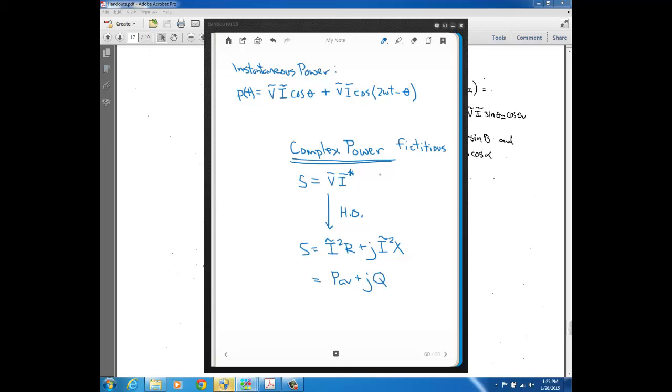So you see, the reason we make up this complex power and give it this definition is that it leads to a form where you can represent P average and Q, which are actual powers you can measure, in a right triangle, just like you do impedance with R and X. You remember from previous discussion that impedance is resistance plus or minus jX.